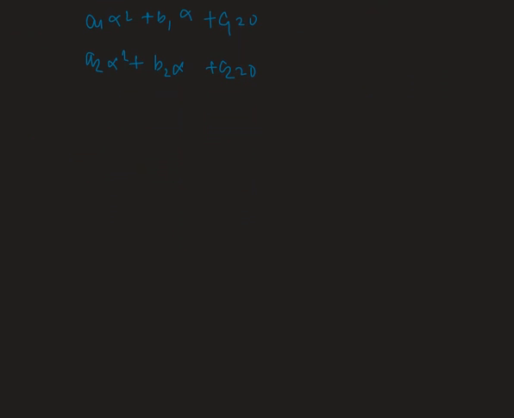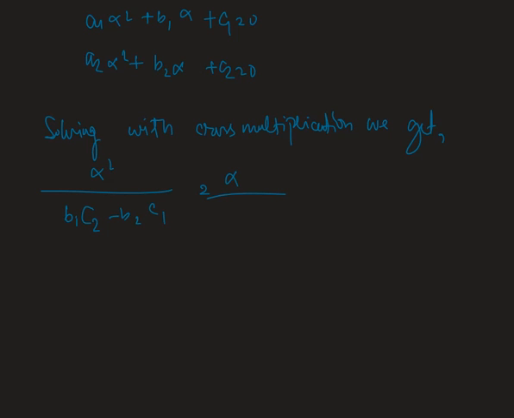Now solving these two equations by cross multiplication we get alpha square divided by b1 c2 minus b2 c1 is equals to alpha divided by c1 a2 minus c2 a1 and 1 by a1 b2 minus a2 b1.